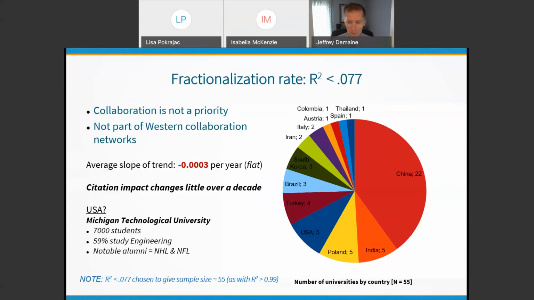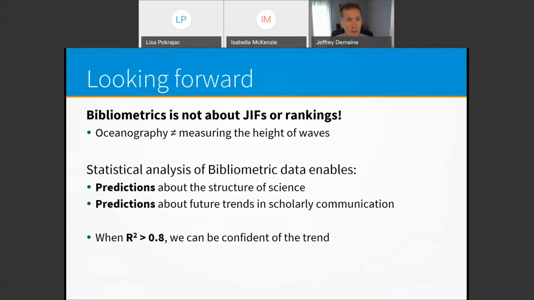Interestingly, there's 5 from the United States, which kind of jumps out as an anomaly. So I looked into those. Turns out that 2 of them are from Puerto Rico, which is technically part of the United States, so it qualifies there. And one of them is also the Michigan Technological University, not to be confused with Michigan University.